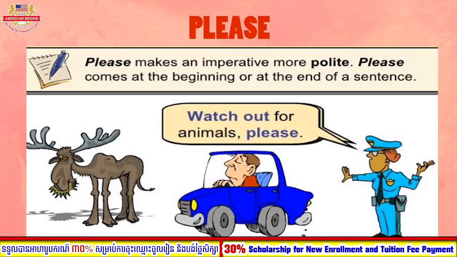The man looks like he doesn't care about his driving, right? That's why the police need to say to him, watch out for the animal, please. It means the police speak politely to the man driving the car, right? Excuse me, right?